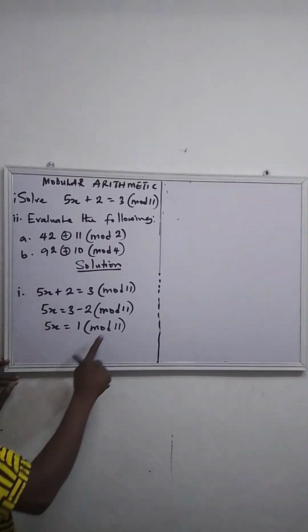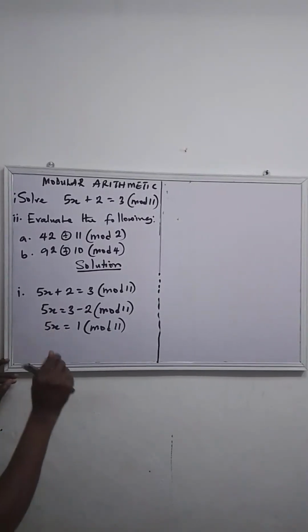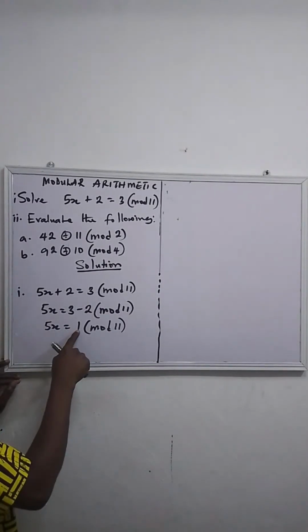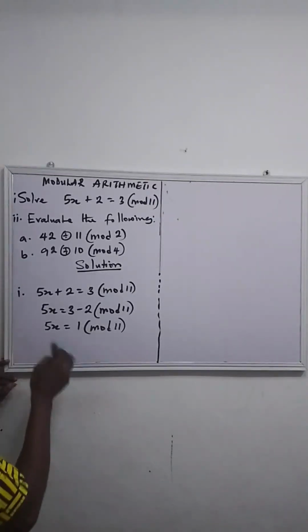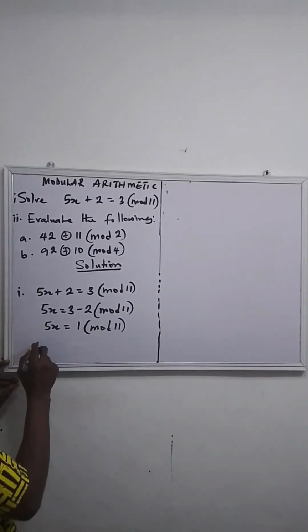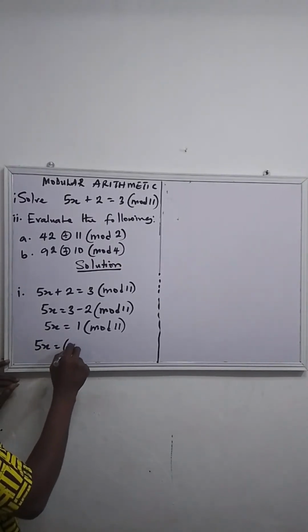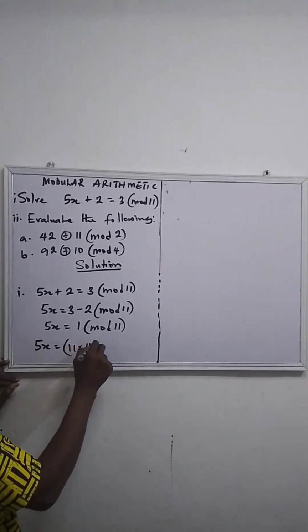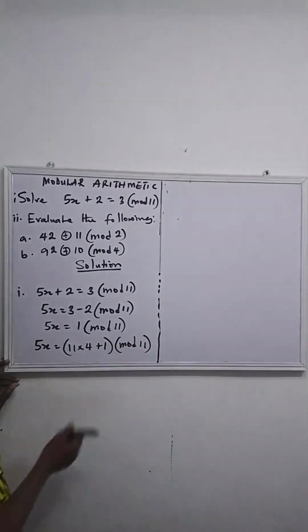Now let's look at this one. 4 elevens, so that is 44. Now 44 plus 1 is 45. Will 5 go into 45? Yes. So that means we turn this to 5x equals 11 times 4 plus 1 mod 11.